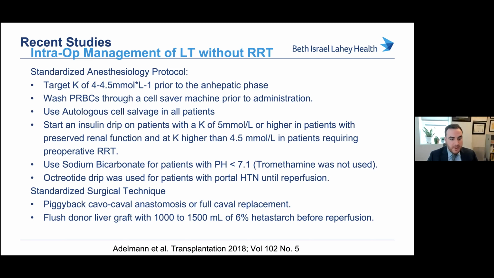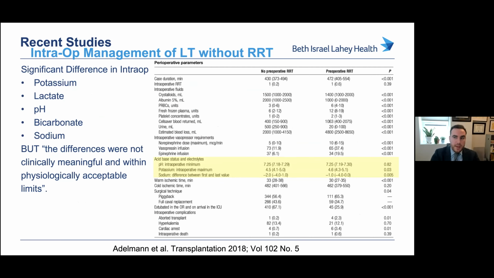They also claim they have a standardized surgical protocol that's a piggyback caval anastomosis, and that they flush the donor liver graft with heterostarch before reperfusion. The interesting part about their study was that, yes, there were significant differences between the starting pH, lactate, potassium, bicarb, and sodium in the preoperative renal replacement therapy group and the no preoperative renal replacement therapy group, with higher levels of all of those metabolites in the preoperative group, but they weren't clinically meaningful.